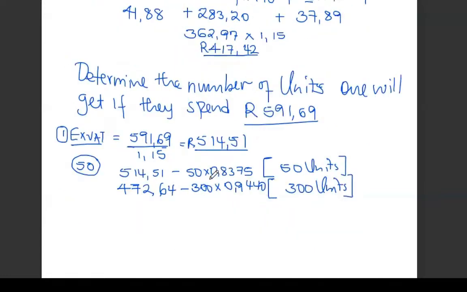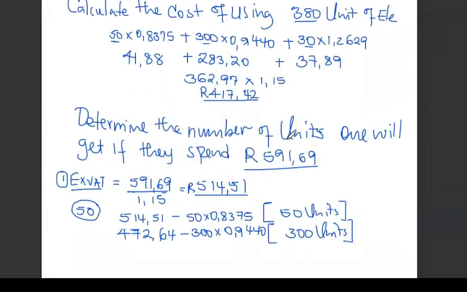I do this when I'm given the money. When I'm given units, I need to do this other one here. Okay? So this money here, 472 rand 64 cents, minus the money got from the 300 units.